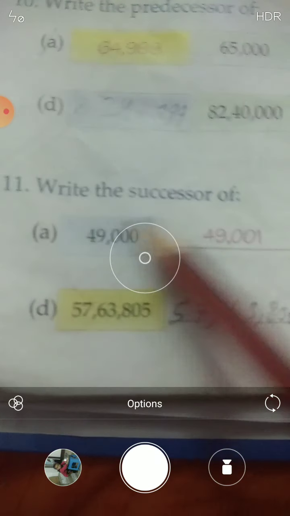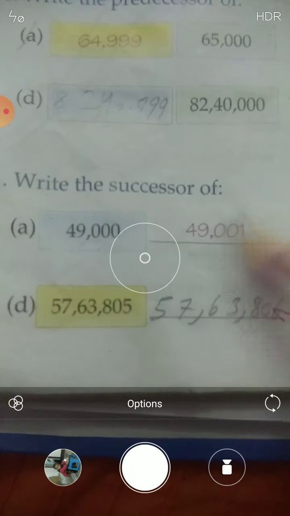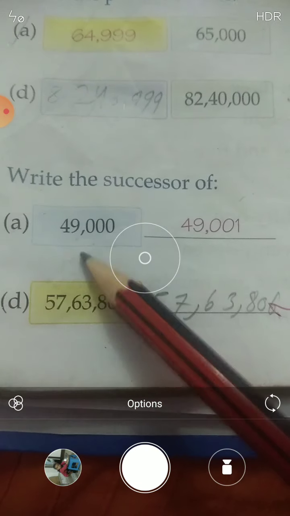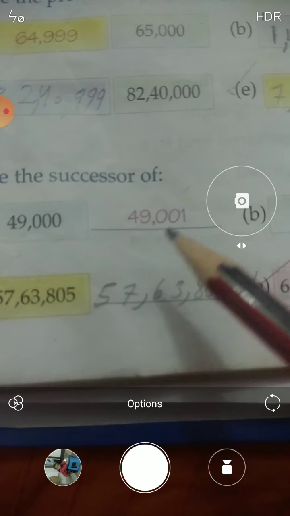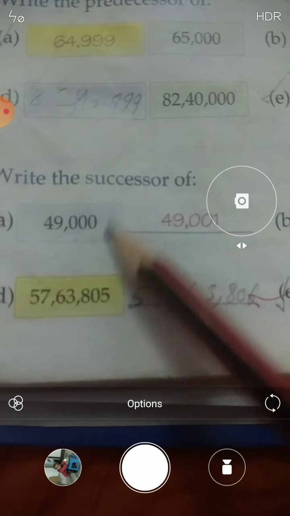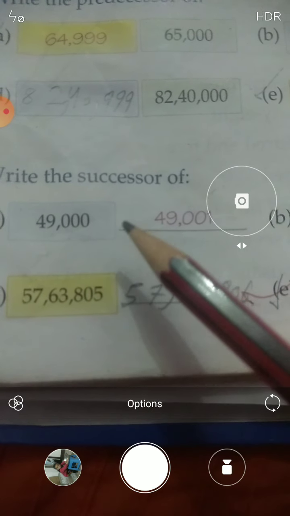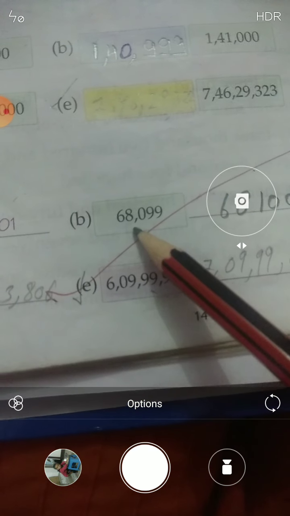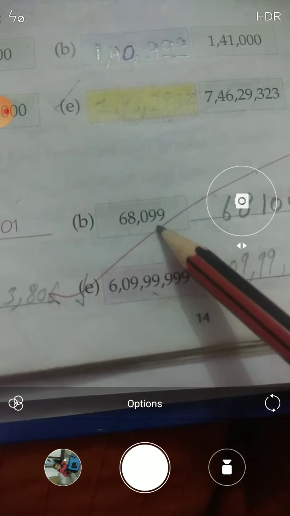Come to question number 11. Write the successor of. A part is already solved: 49,000. What will be that? For the successor, we have to write the next number, which means we have to add 1. 49,001. In B part, 68,099.